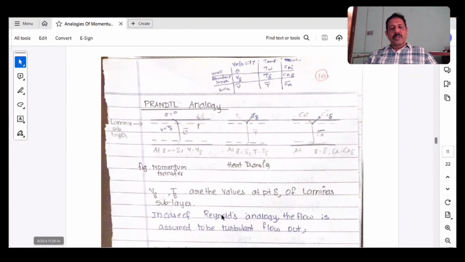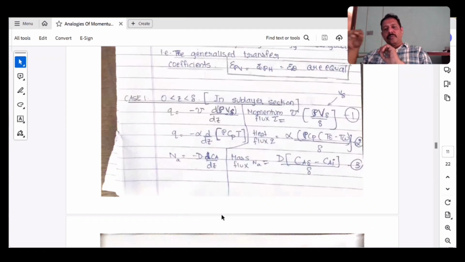So tau is equal to mu into the driving force rho v delta at the boundary minus rho v at the wall, which is 0, so that whole term becomes 0, divided by the overall thickness delta.